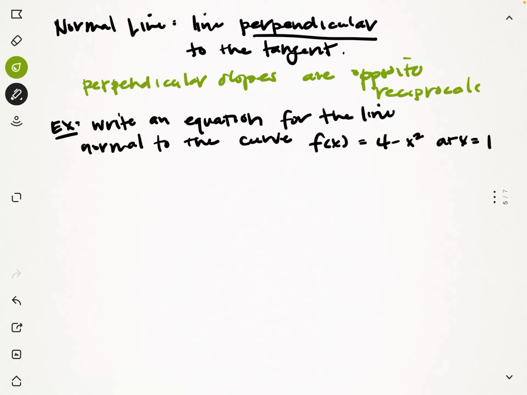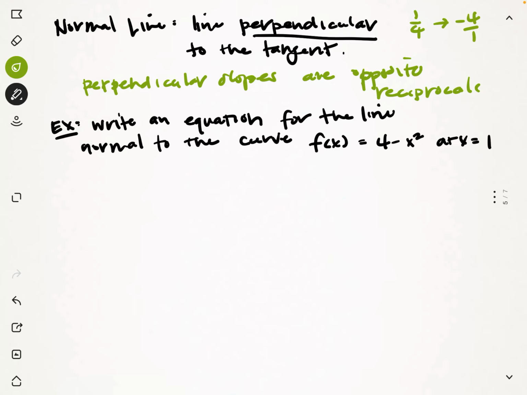So let's say that our tangent line slope was 1/4. Well, we know that the normal line slope would be the opposite reciprocal. So because this is positive, the normal line would be negative, and then we take the reciprocal, 4/1. So that's how easy it is. If you can find the tangent line, you can definitely find the normal line pretty easy.